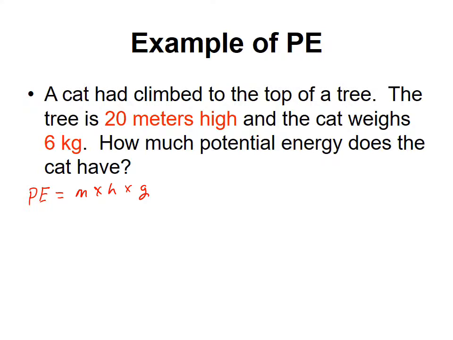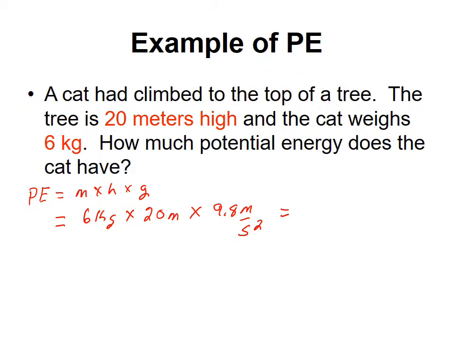And here they use g as gravity. So what we have here is the mass, which was 6 kilograms, times the height, which was 20 meters, times the gravity on Earth, which is 9.8 meters per second squared.